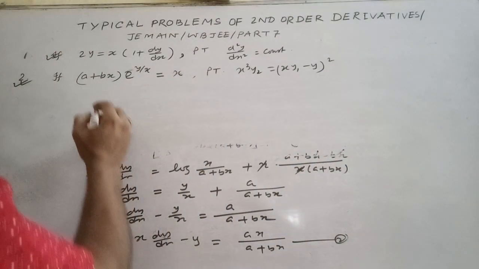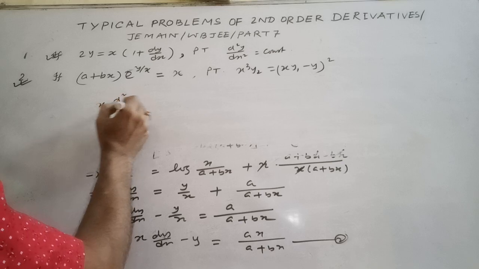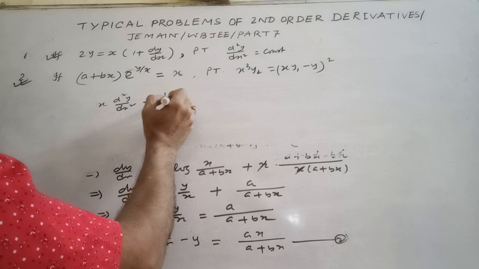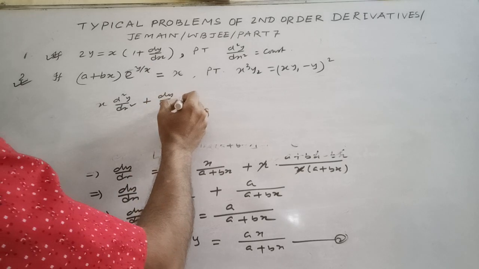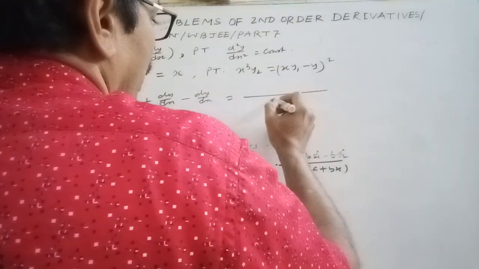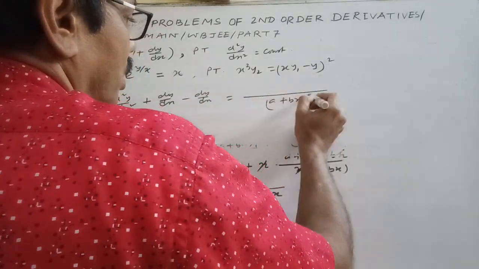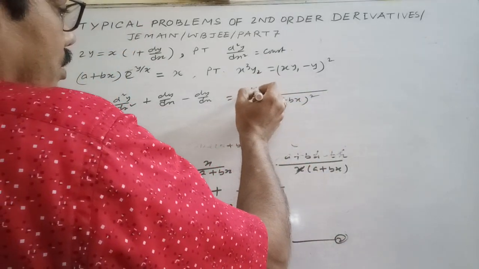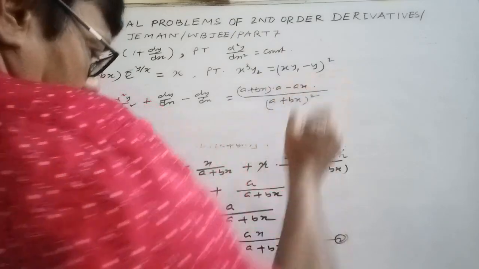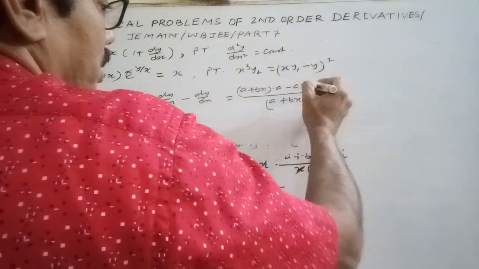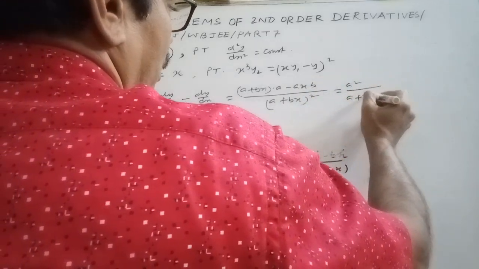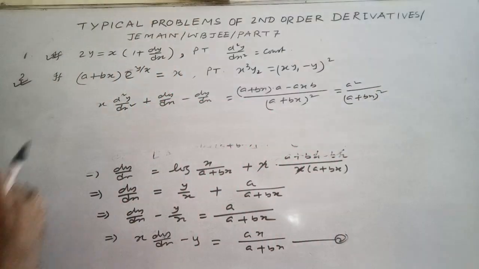Now differentiating again: x into d²y/dx² plus dy/dx, by the product rule, minus dy/dx equals (a plus bx) whole square into (a plus bx) into a minus ax into b, so ax cancels, so a² by (a plus bx) whole square.